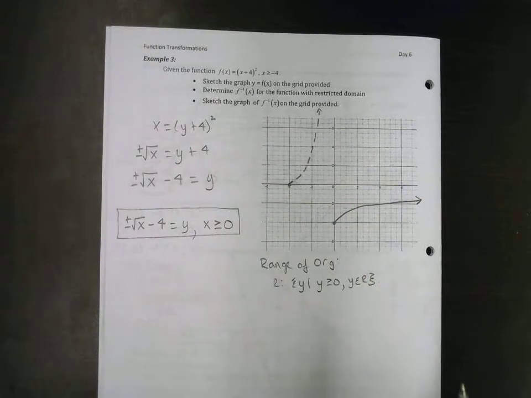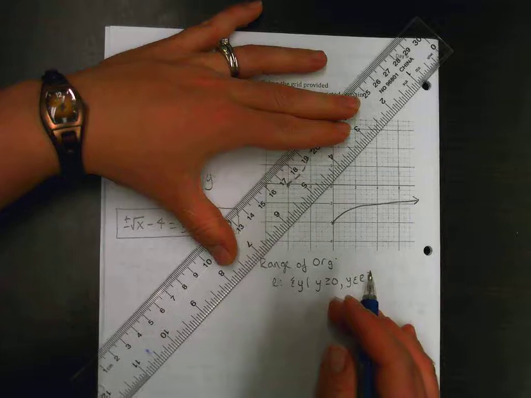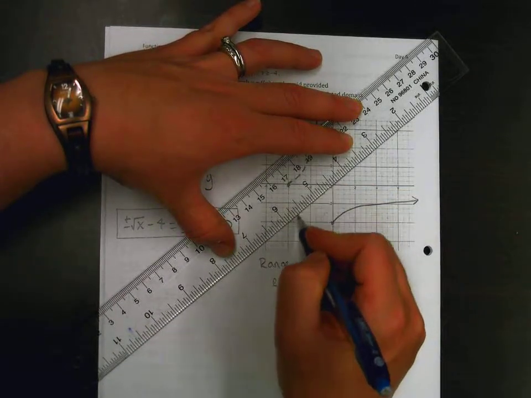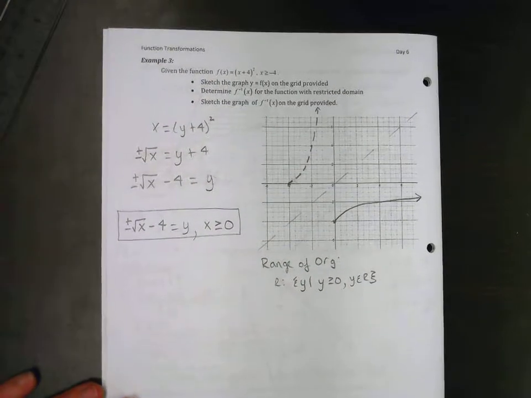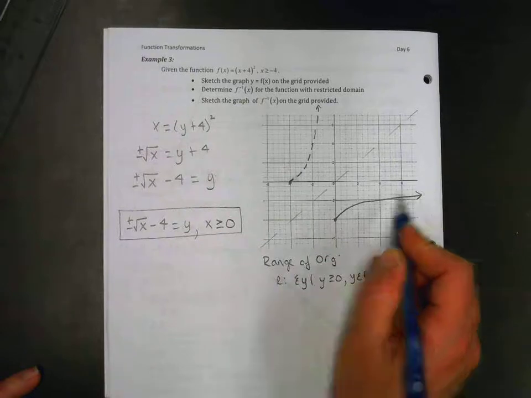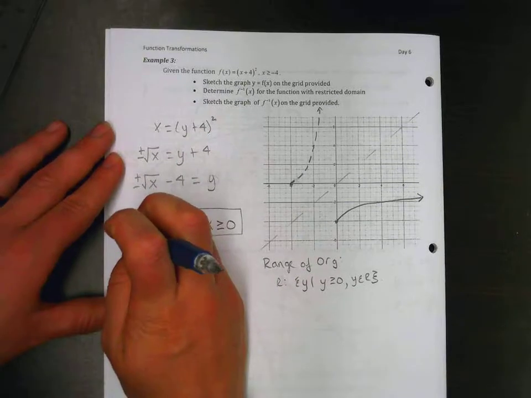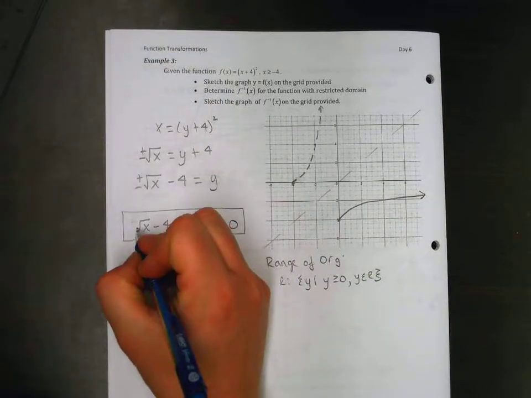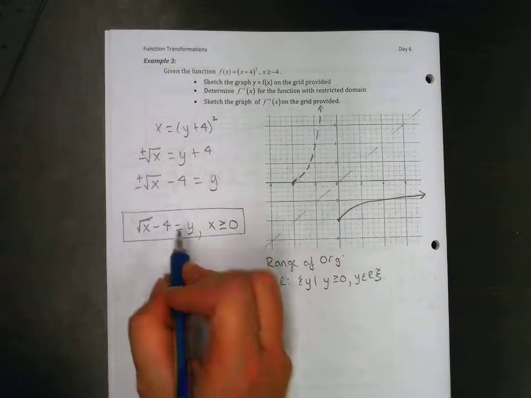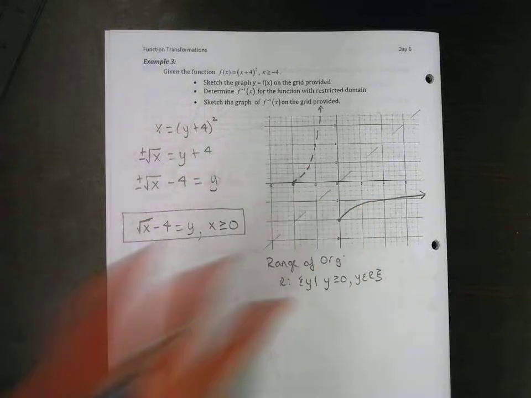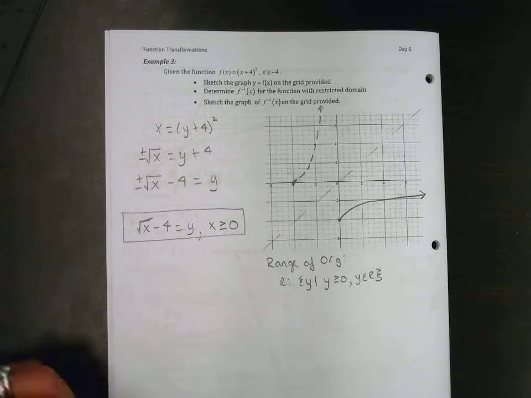Another way you can tell is by drawing the line y equals x for the inverse function. So technically this portion of the graph only relates to positive root x, not the negative. So I'm going to just change this equation to root x minus 4, where x is greater than or equal to 0, and that would give us our inverse function.